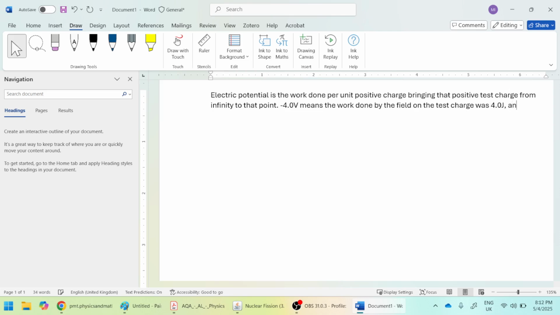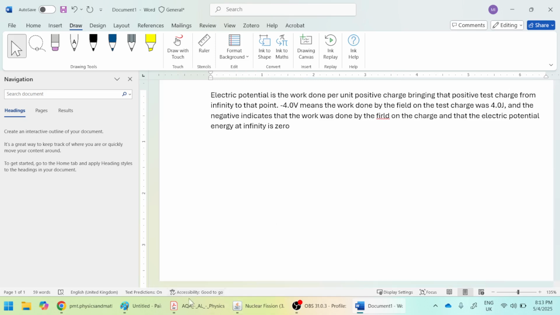Yeah. And the negative sign indicates that the work was done by the field on the charge, and that electric potential energy at infinity is 0.